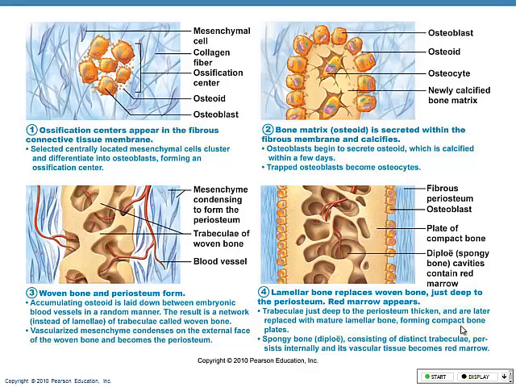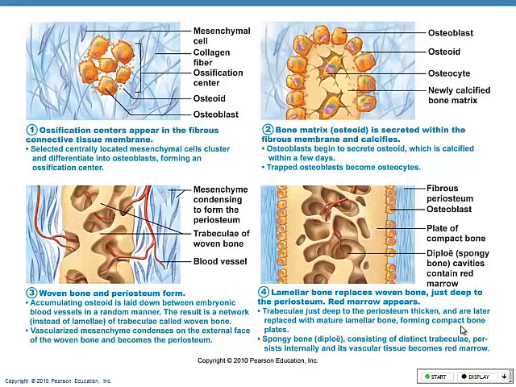So bone matrix or osteoid is secreted in the membranes. And we start to see the beginnings of our bones. When they become trapped, they turn into what? Osteocytes. So ones on the outside will start doing that as well. And we'll keep doing that, working from the inside out to create bone material.